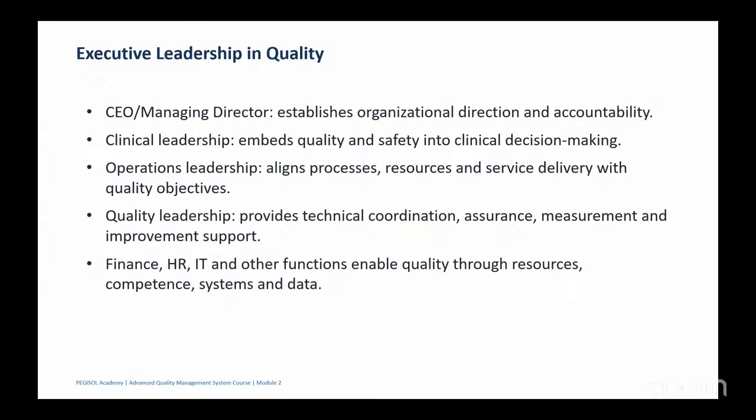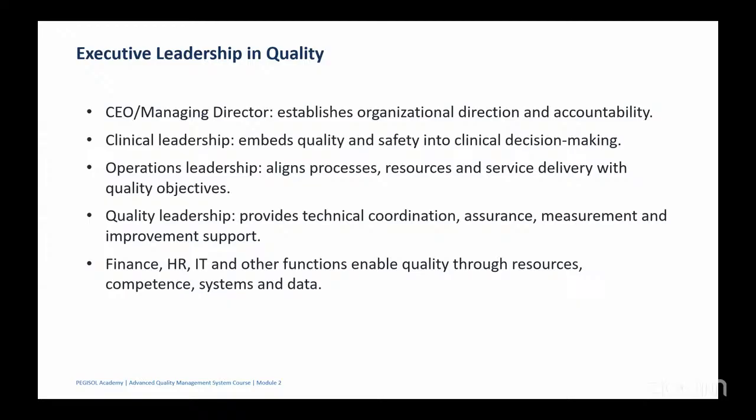So you see, both clinical leadership and operational leadership all have to be in place for the TQMS and for the end user to be able to have a good experience. So we have the CEO, the managing director function, we have the clinical leadership, we have the operational leadership, we also have the quality leadership, providing technical coordination, assurance, and measurement and improvement work support.